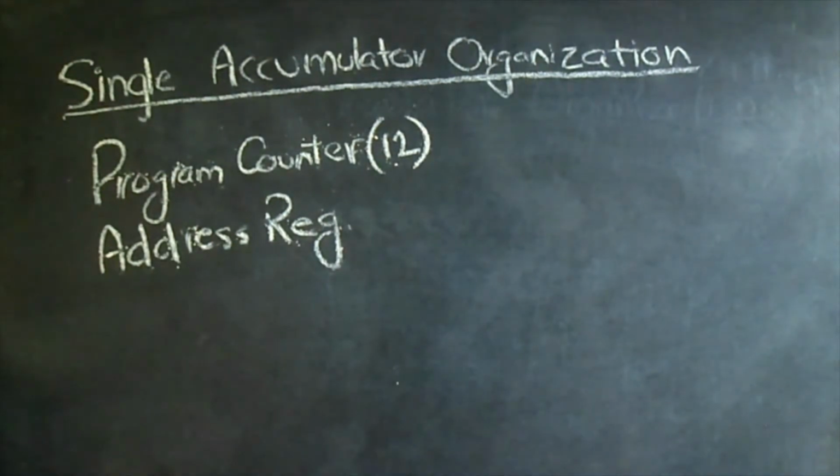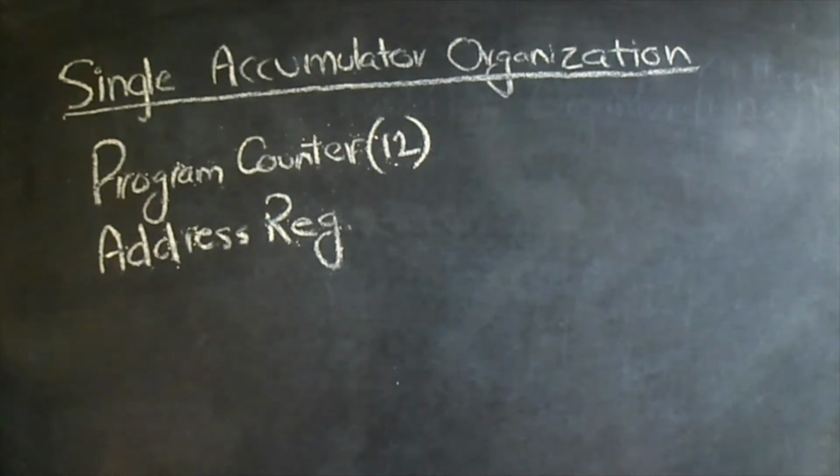Now the second general purpose register is address register. Now address register, as its very name suggests, is used to store addresses. What happens is that the system will get an address in the address register. It will go to the memory, and from that address it will pick up whatever is there.